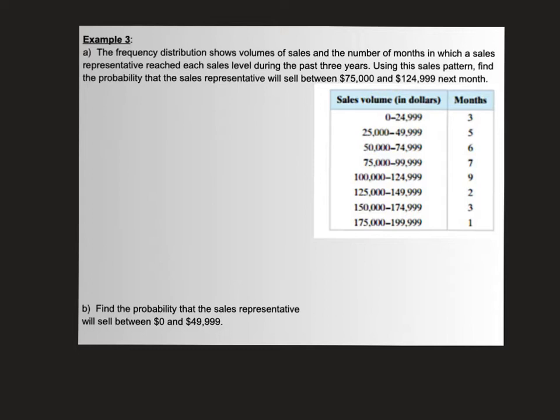This particular example is not actually to do with anything mutually exclusive or anything like that. What you have to watch here is 3 years. So 3 years times 12 months a year is 36 months, because these numbers in this column are all months. And we want to know the probability that they sold between 75K and 124,999.